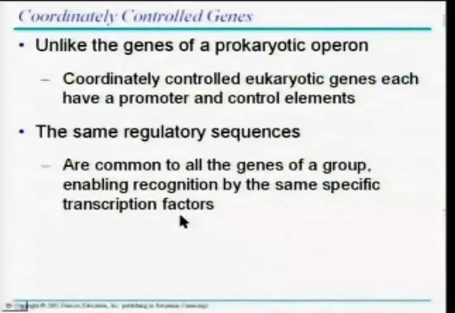So we also have series of enzymes involved in biosynthetic pathways, anabolic, catabolic. Those genes are not in tandem on a chromosome. They may not even all be on the same chromosome. But what they do all have is common regulatory sequences, so that when the transcription factors or whatever other proteins are involved in affecting the expression of one of those genes in a cell, they all get expressed.